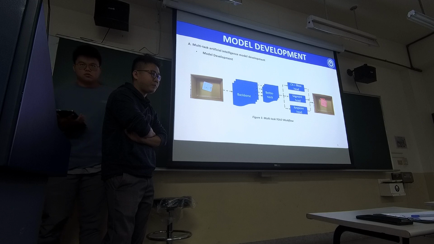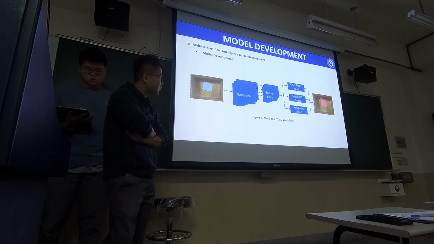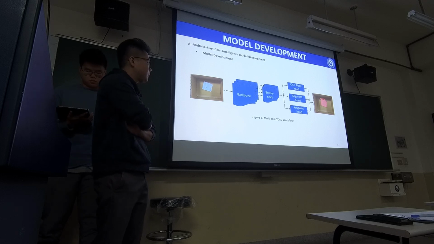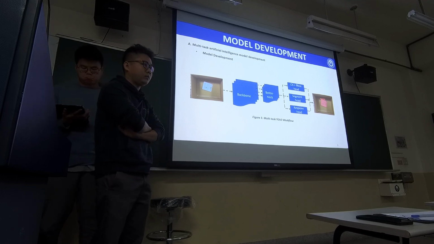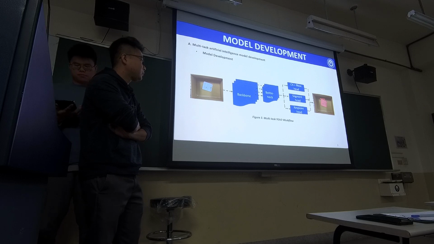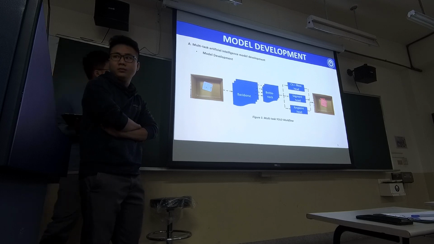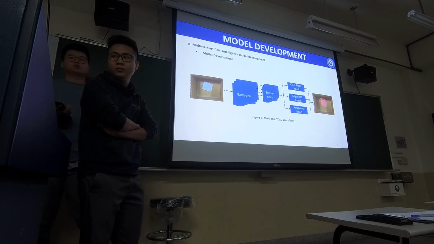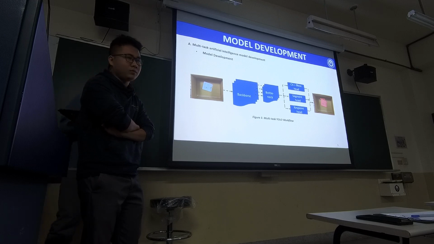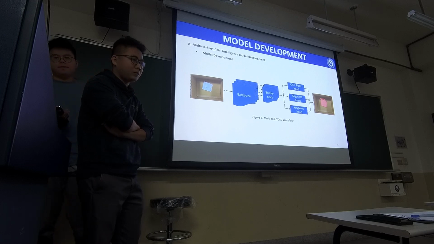And the model will perform 3 tasks: detect the bounding box of the object, segment the objects, and also align the key points on the object.